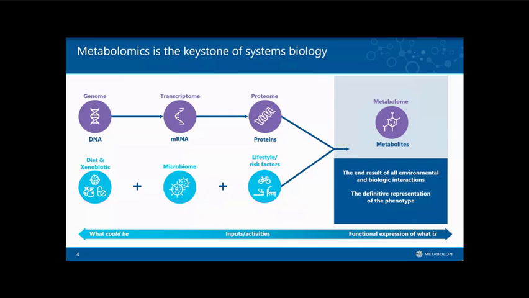On the top part of the slide, shown in purple, is what is typically thought of as the flow of genetic information, or the central dogma of molecular biology: DNA goes to RNA goes to proteins. What I like to point out is that metabolomics integrates information from these upstream modalities as well as the diet, lifestyle, and microbiome information on the bottom part of the slide, shown in blue.